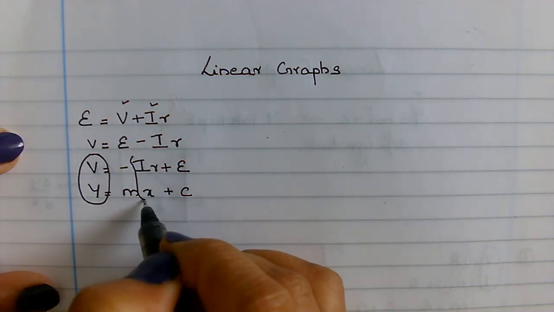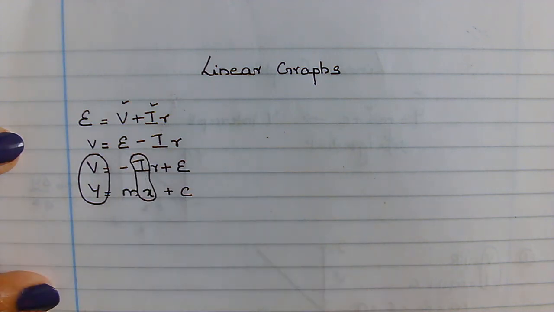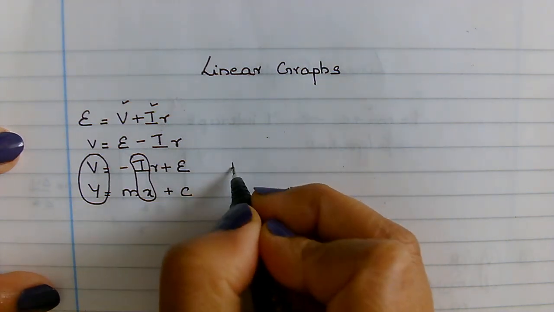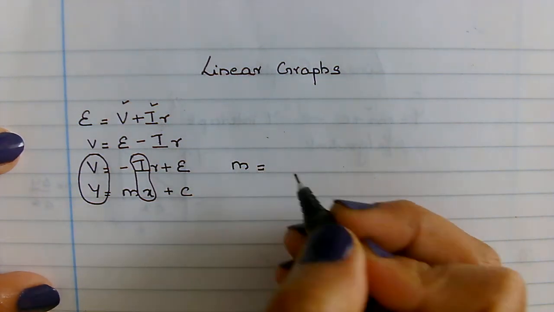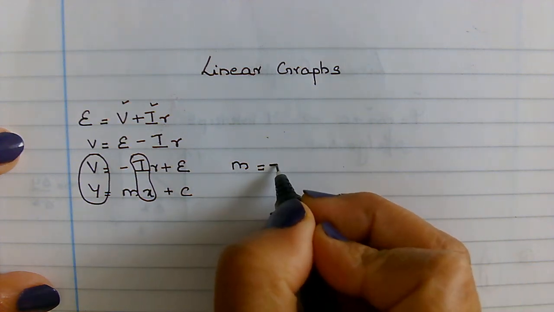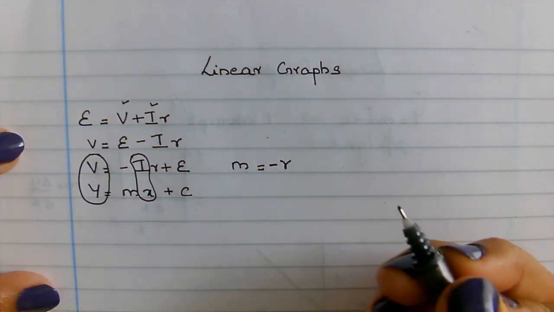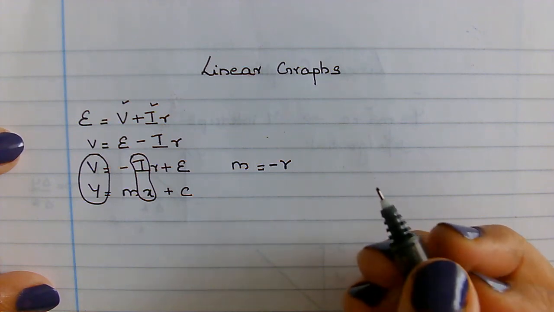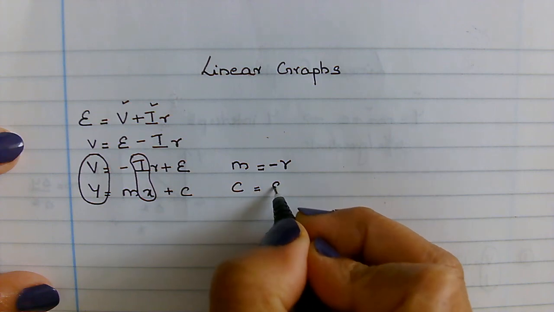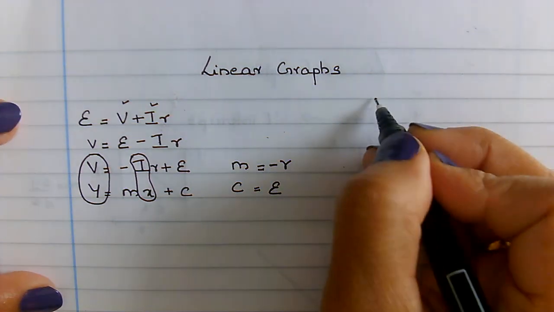We measured I also each time that we measured V, so that is going along the x-axis. So you can now see that the gradient of the graph is R, but is it just R? No, there's a negative sign, so the gradient is negative. That is very important here. And this time our y-intercept is not 0 anymore, so that is the EMF.